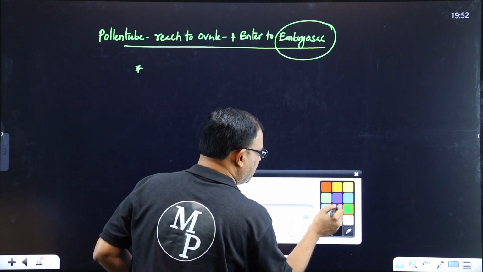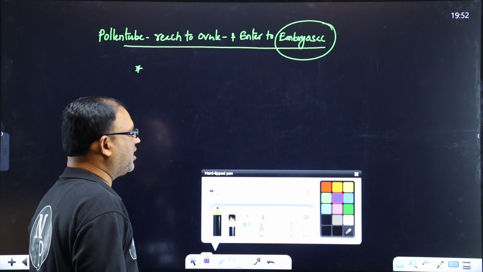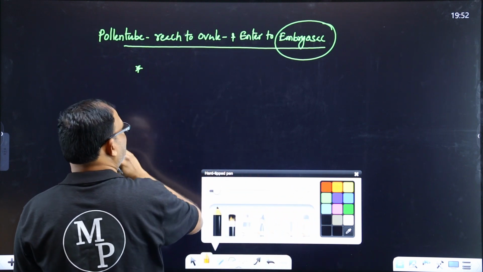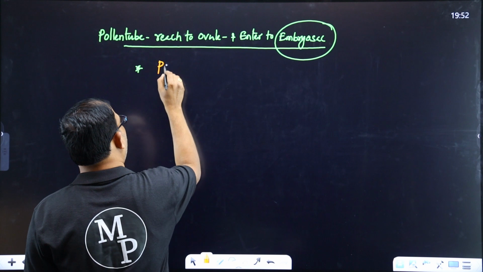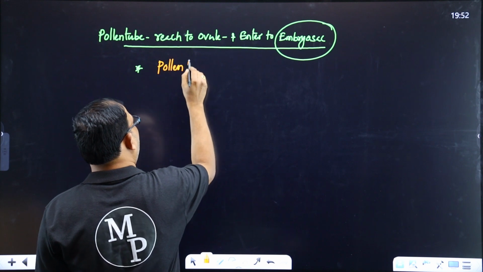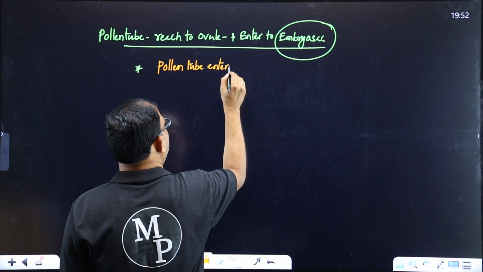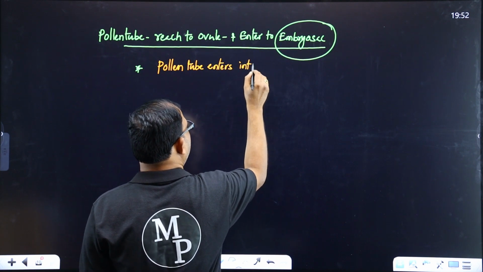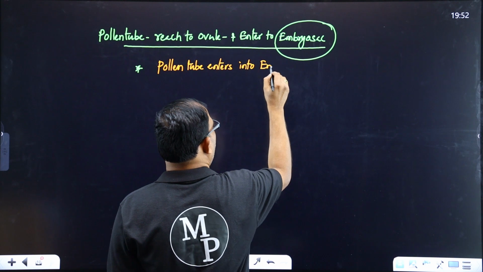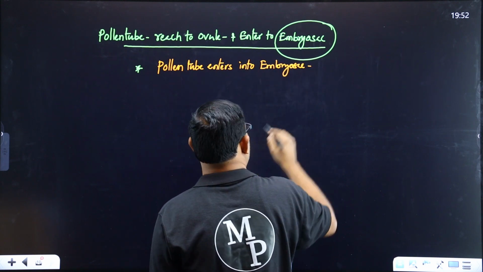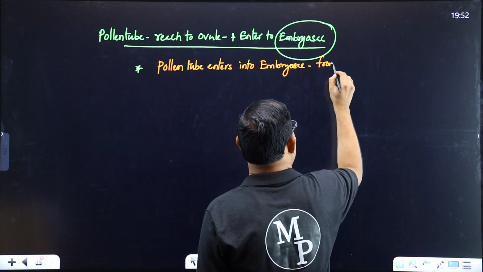So in recent studies, the scientists have recognized something. See, very important thing: the pollen tube enters into the embryo sac always from where?